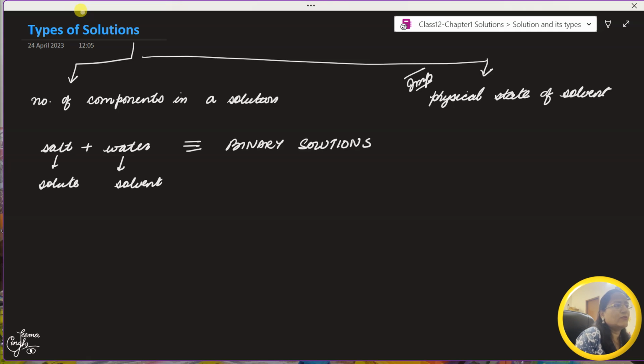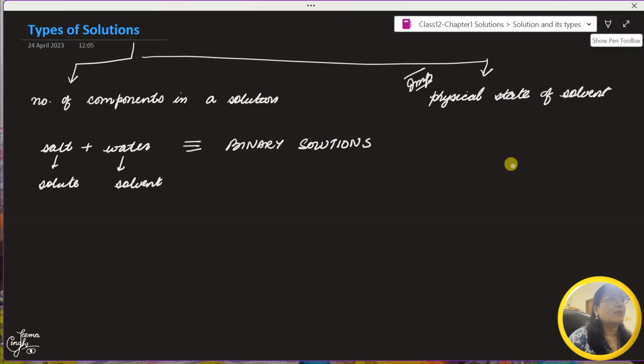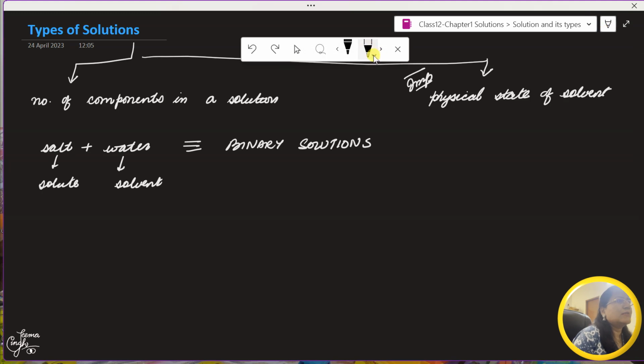Now remember, my dear students, in your course, that is class 12 chemistry, you have only binary solutions. You will have just 2 components, definitely one solute and one solvent. All your numericals will be based on binary solutions. Clear? So I'm going to mark this as important and highlight it. You need to focus only on binary solutions.